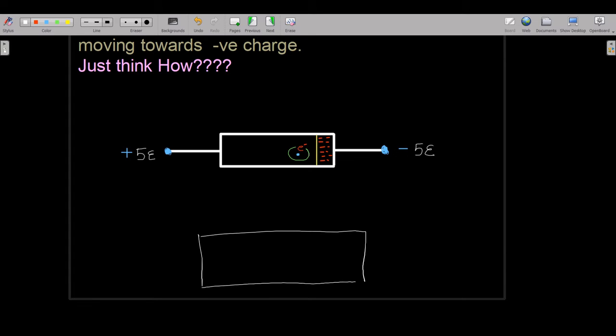I will use a different color to show that these charges have accumulated at this particular place, and these are the atoms, 1, 2 and 3, and these are the electrons present in those atoms.